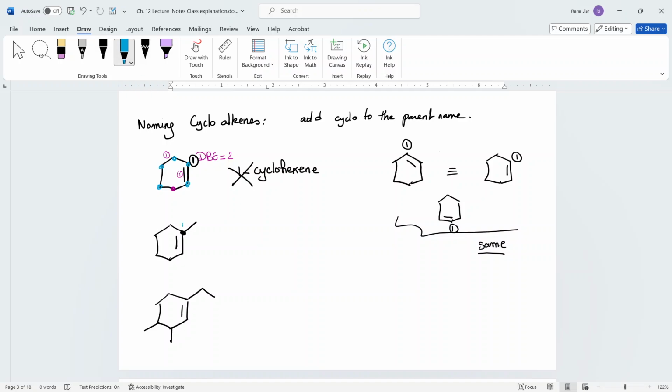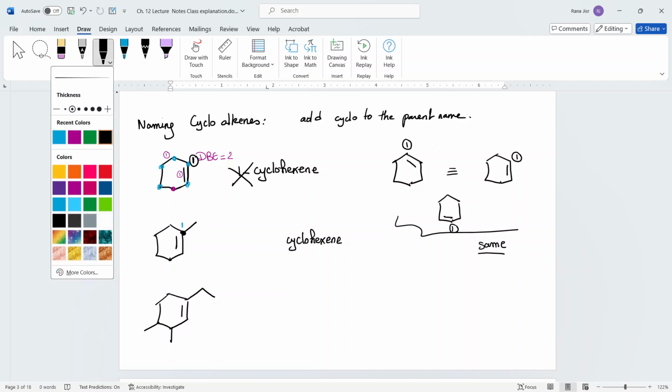I do have a double bond, so I'm going to give my double bond the lowest number. This is the priority, the lowest number. So the ending is going to be cyclohexene. Notice I didn't say 1-cyclohexene. I said cyclohexene, so immediately I'm assuming that the double bond is on carbon number 1.